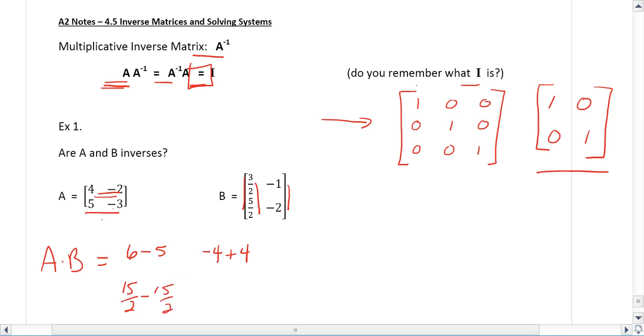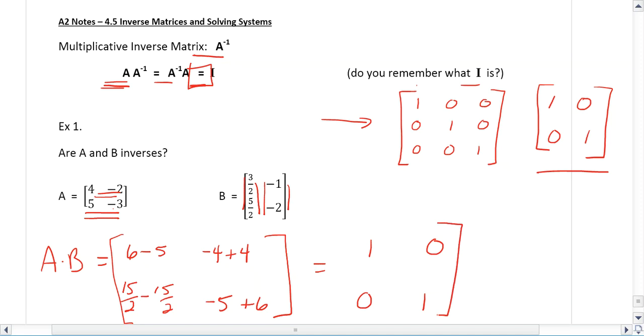And now for this last entry, we take the bottom row times this second column, which is negative 5 plus 6. So now let's simplify these elements. We get 1, 0, 0, and 1. So we did get an identity. Therefore, we can answer the question, are they inverses? Certainly, yes.